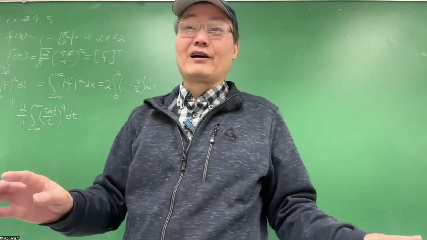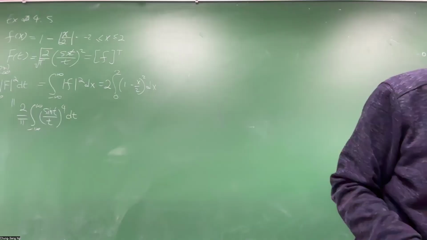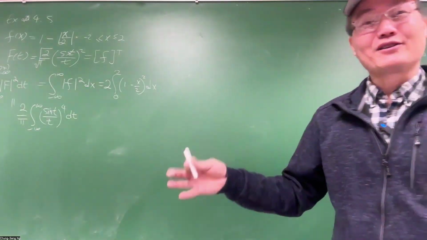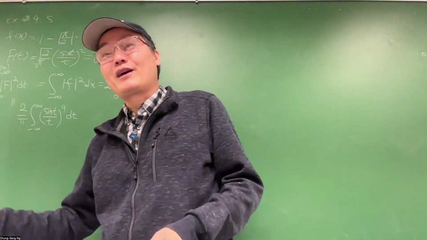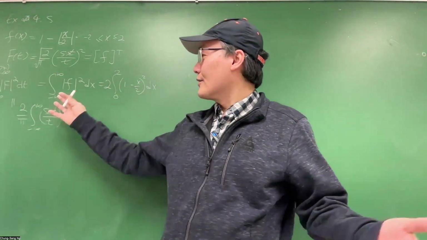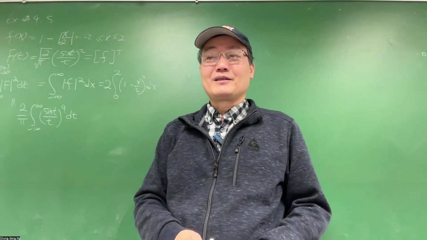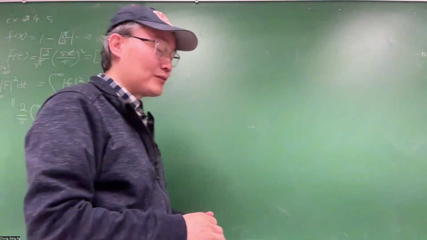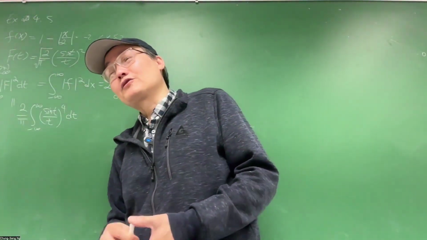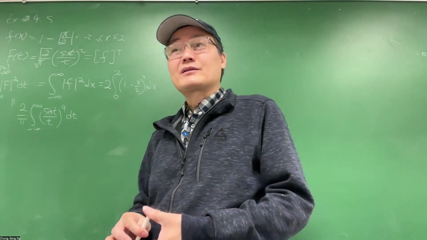Little f is the transform of capital F, and little g is the transform of capital G. Usually that involves the complex conjugate, because the Fourier transform is usually complex. The original function may or may not be complex, but the transform is usually complex.